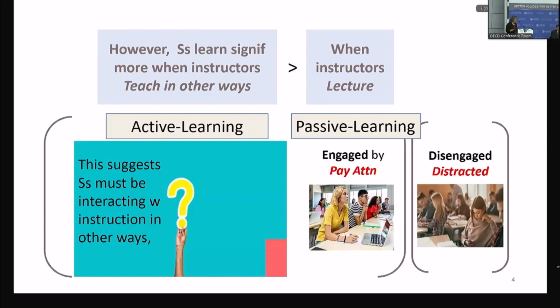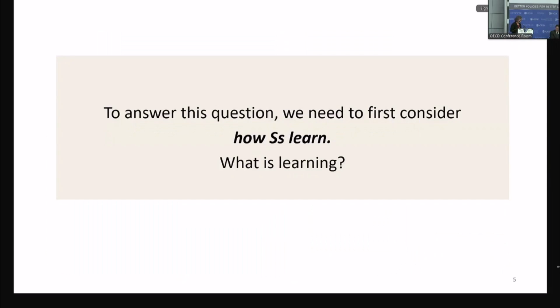This suggests that if teachers teach in different ways and students learn a lot better, students must be interacting with instruction in many other ways that we're not aware of, other than paying attention. So what are these other ways that students can interact with instruction?